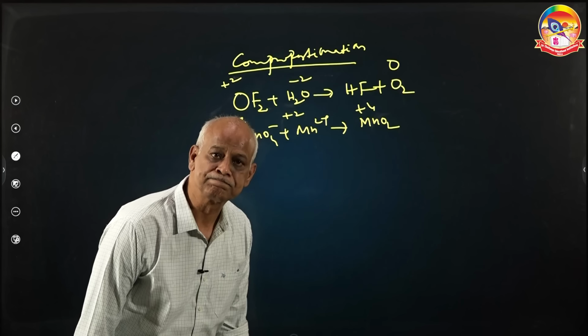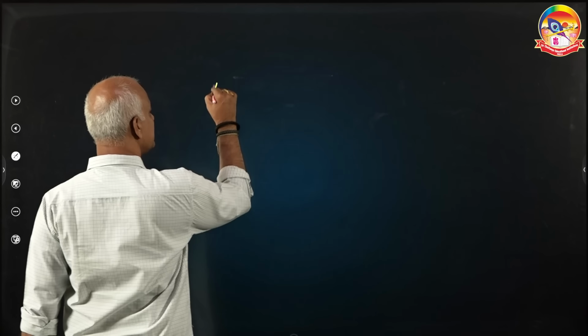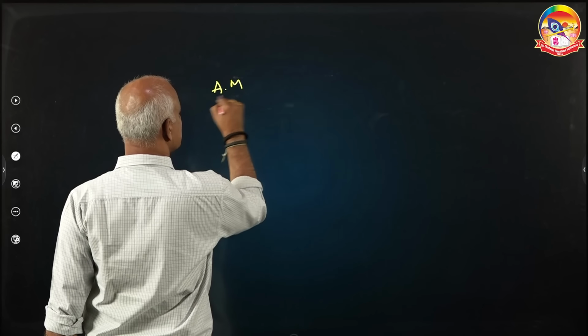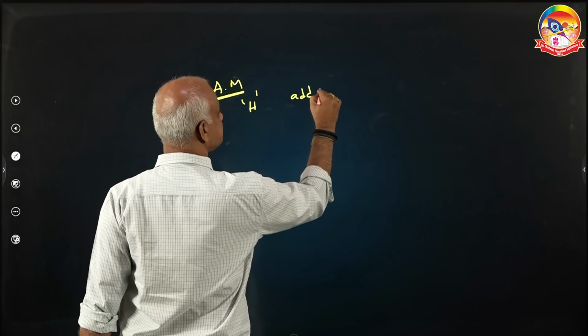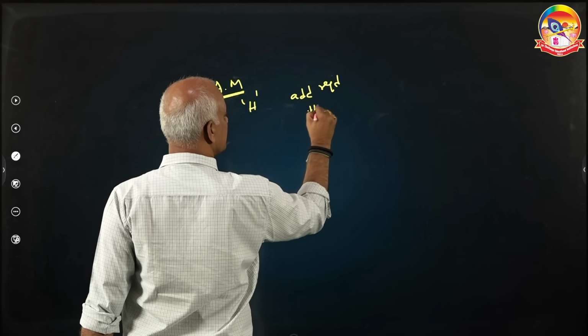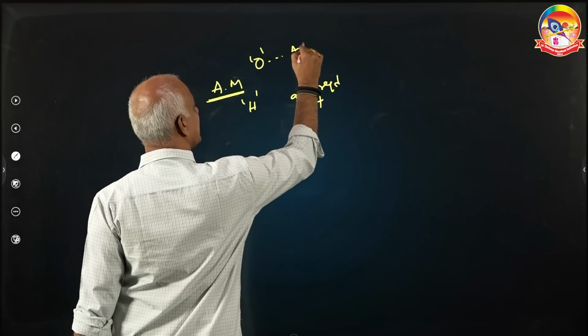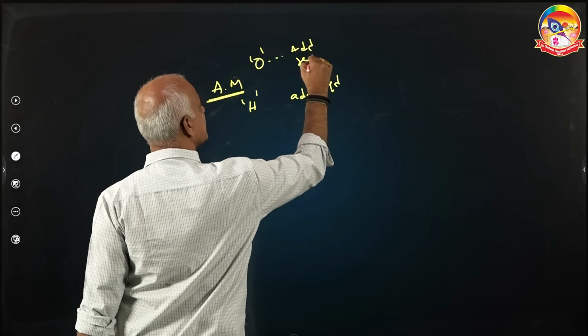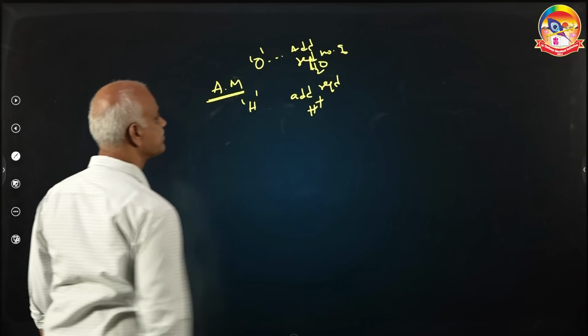All of you? Fine. Next, how to balance. While balancing reactions, the only thing to remember in acidic medium: wherever you want hydrogens, add the required H plus ions, and before that, for oxygen add the required number of water molecules.